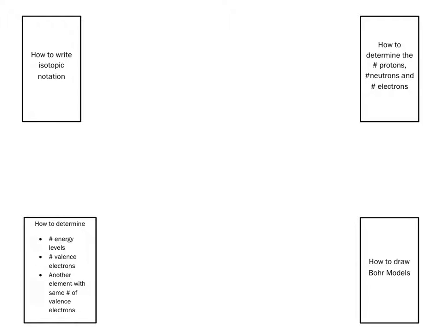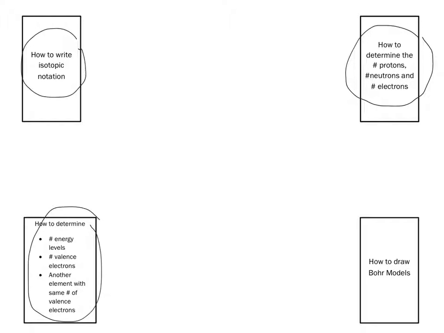So the 4 topics that I'm going to give you notes for are how to write isotopic notation, how to determine the number of protons, neutrons, and electrons, how to determine the number of energy levels, valence electrons, another element with the same valence, and how to draw Bohr models. And we're actually going to do this one first, because when you fold it in, this becomes your first flap.